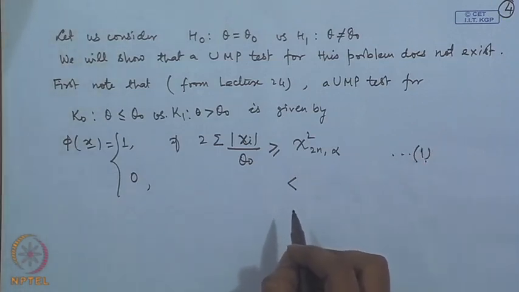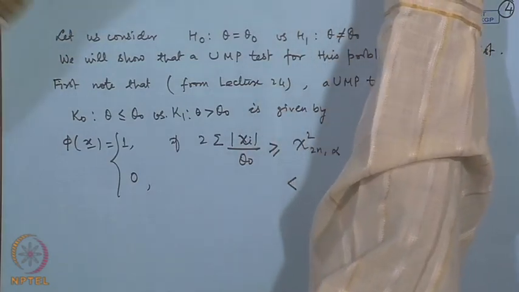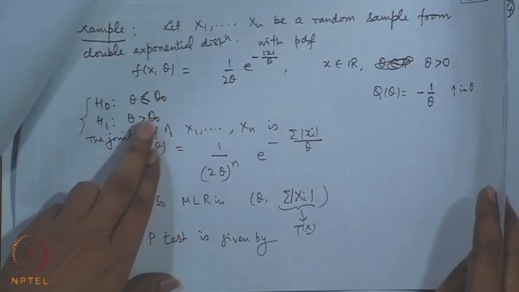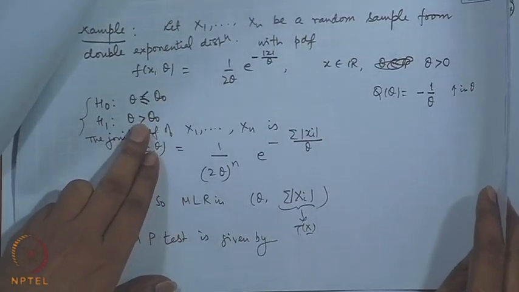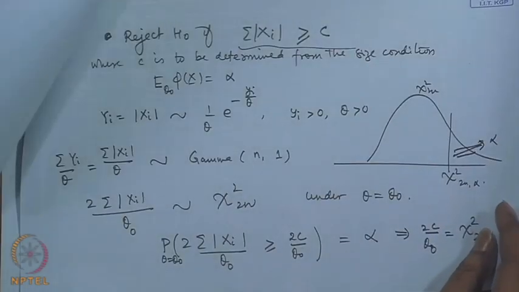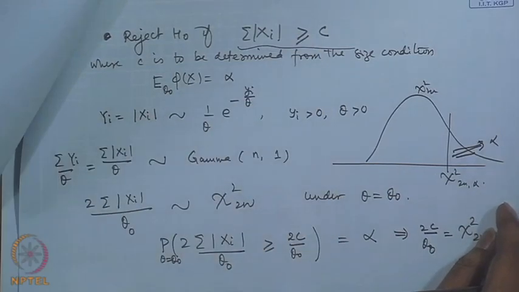Now, if you consider the dual problem here, the dual problem is to consider H naught: theta greater than or equal to theta naught against theta less than theta naught. Then in that particular case, the rejection region will become less here.